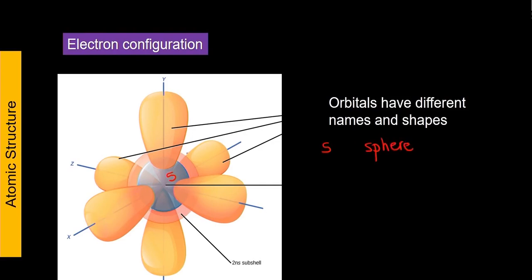The second one you see is slightly pink. That one over there is also an S orbital, and it is also a sphere. Now we get the p orbitals. Now the p orbitals are these dumbbell shaped, and they're these orange ones over here. These are the p orbitals.